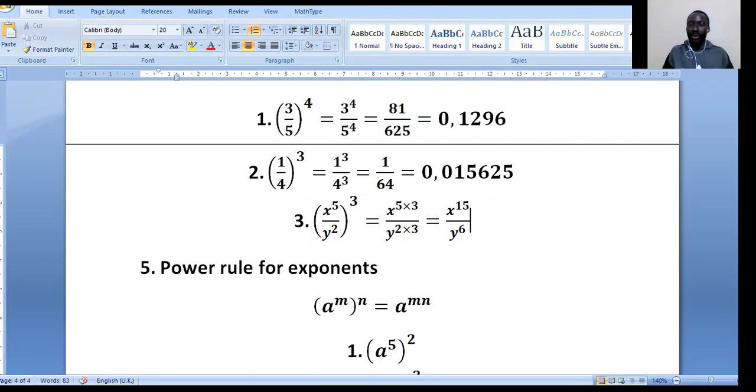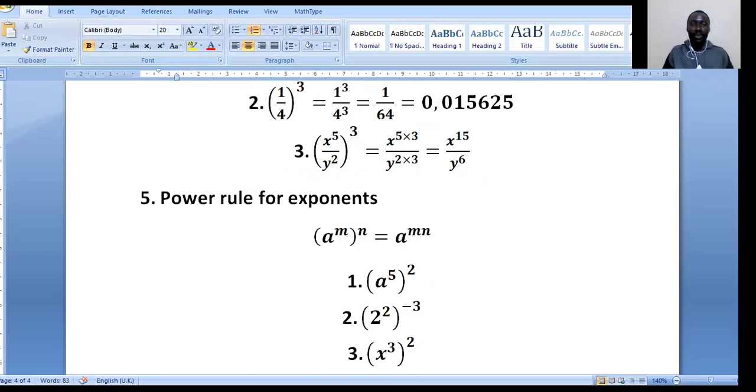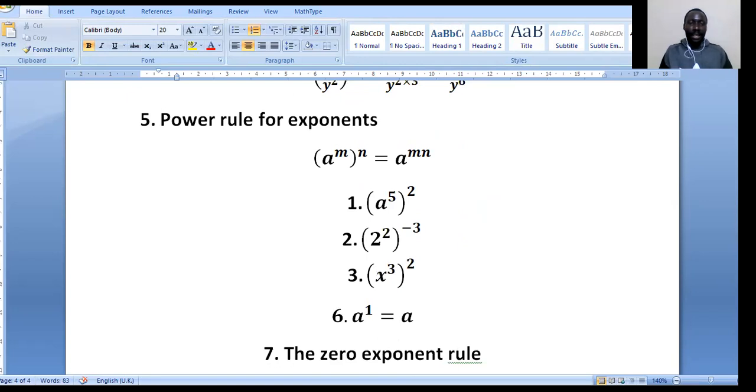Now the next thing here is the power rule for exponents, which allows us to multiply the exponents, as we just did in the previous example.